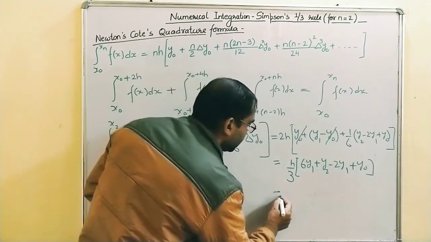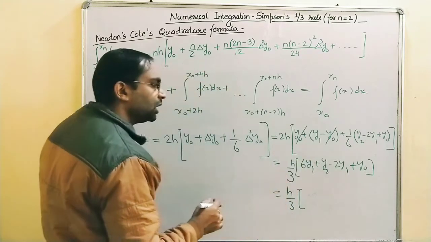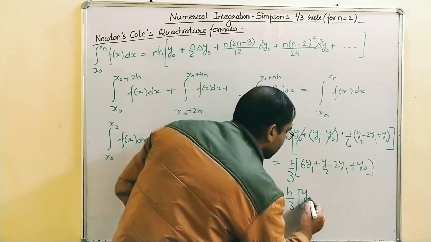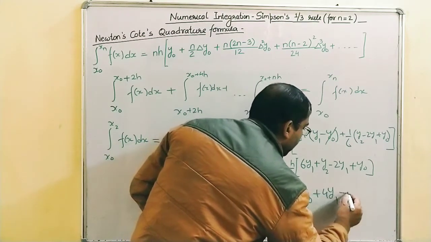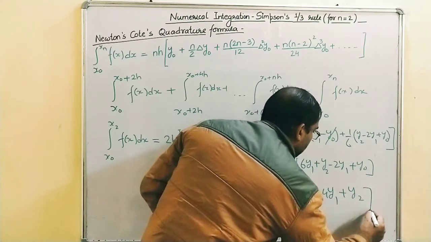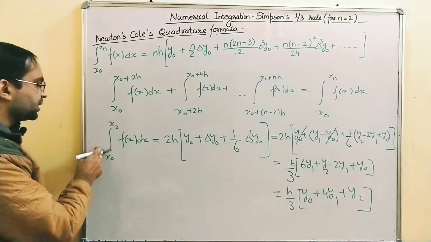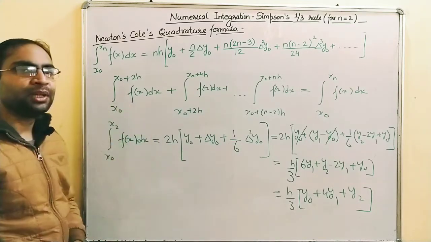And this is coming to be h upon 3. 6y1 minus 2y1 will be 4y1, y0 and y2. So this is y0 plus 4y1 plus y2. So this is the result for x0 to x2 f(x) dx for the first subinterval.